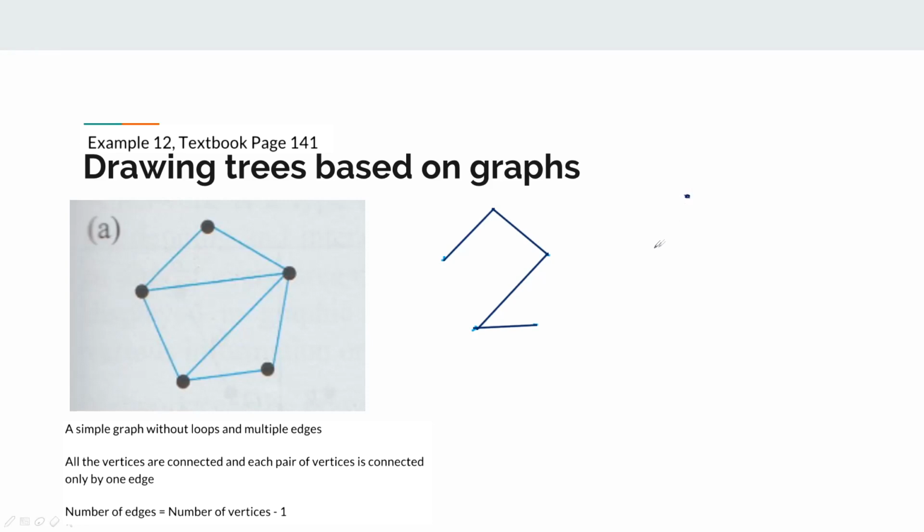Draw back the 5 vertices at the same position. Draw it like this as well. Basically, we just have to make sure that the vertices and the edges are at the same position. We just have to remove a few of them to make sure they fulfill the requirements of a tree. Okay, so now we're done with this.